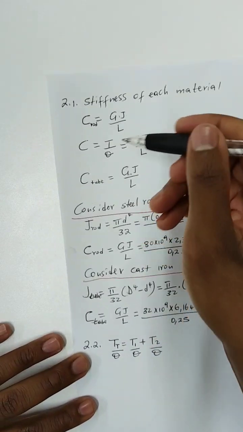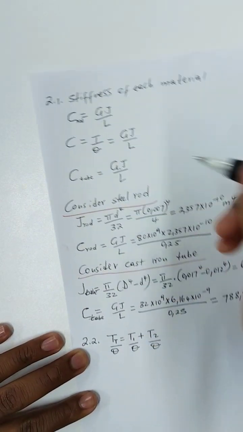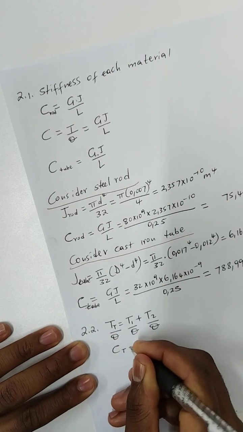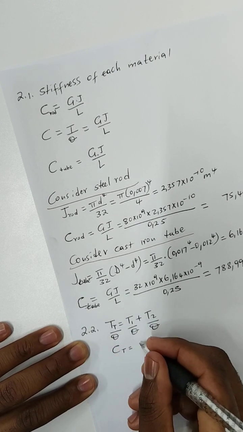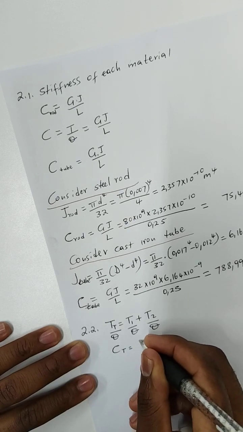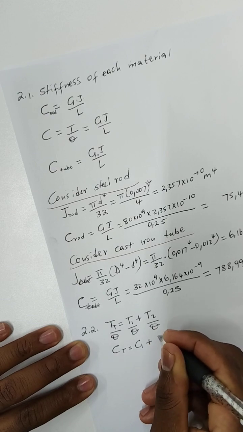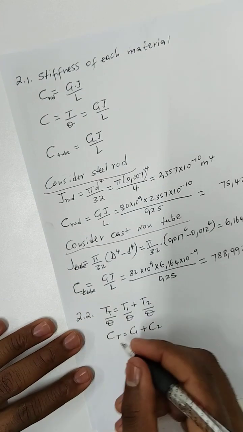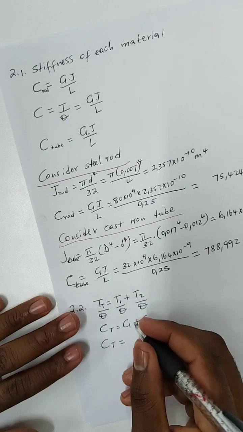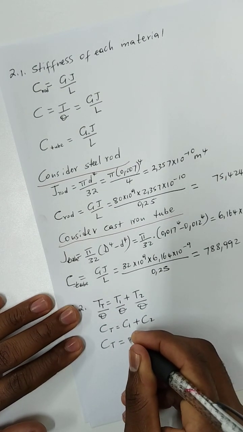T over theta, remember, T over theta is the stiffness. Total stiffness, we are referring to the stiffness of the compound or of the composite, will be this. And then to calculate the stiffness of the compound, you just have to add those two answers that you got from above.